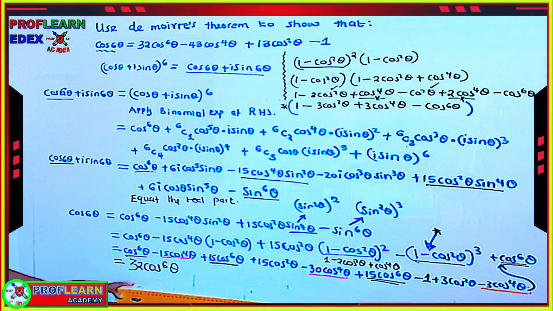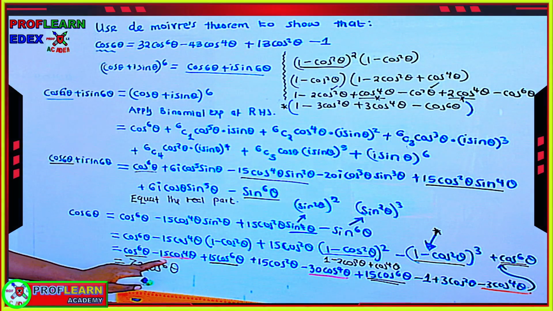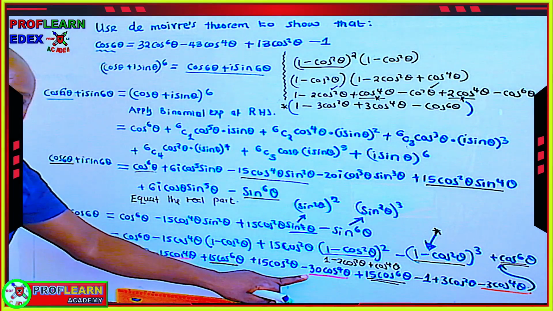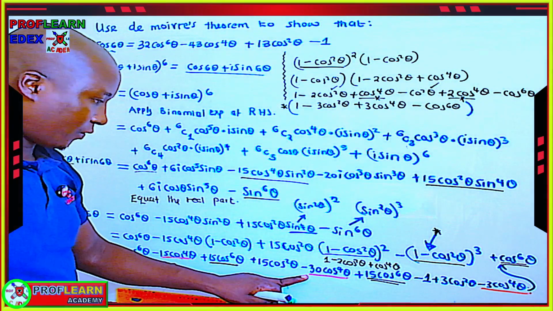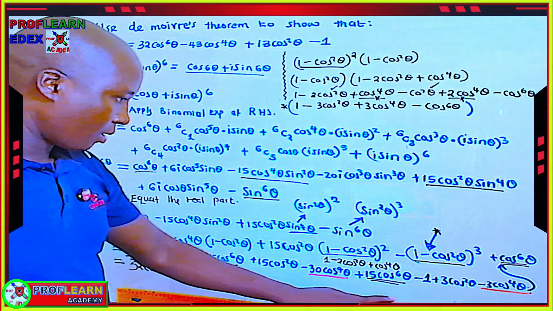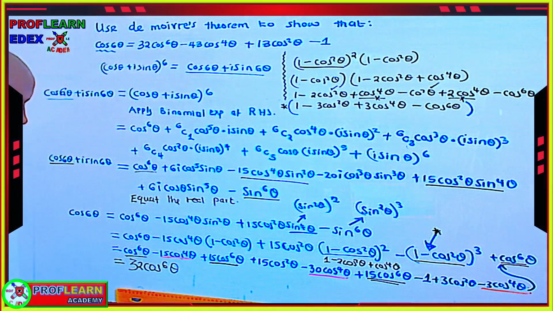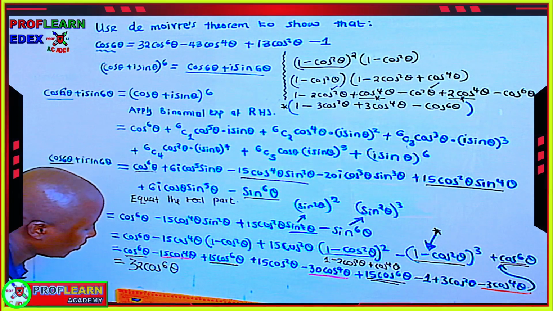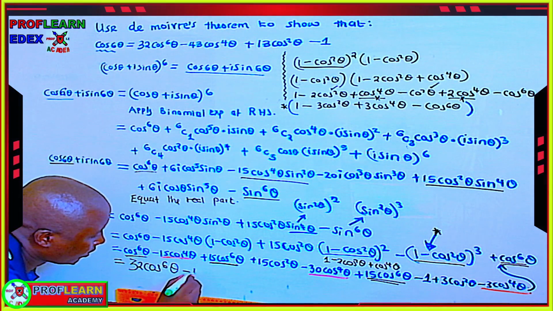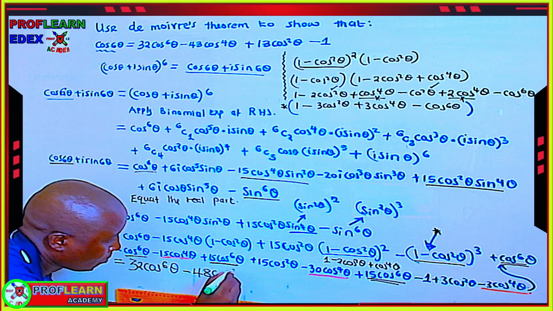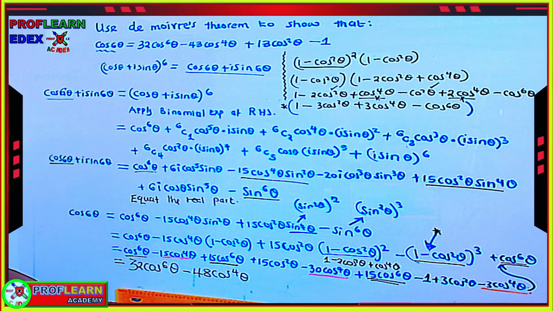Check with me. 15, that gives us negative what? Negative 45. That becomes negative 48. Yes, so this becomes negative 48 cos power 4 theta.